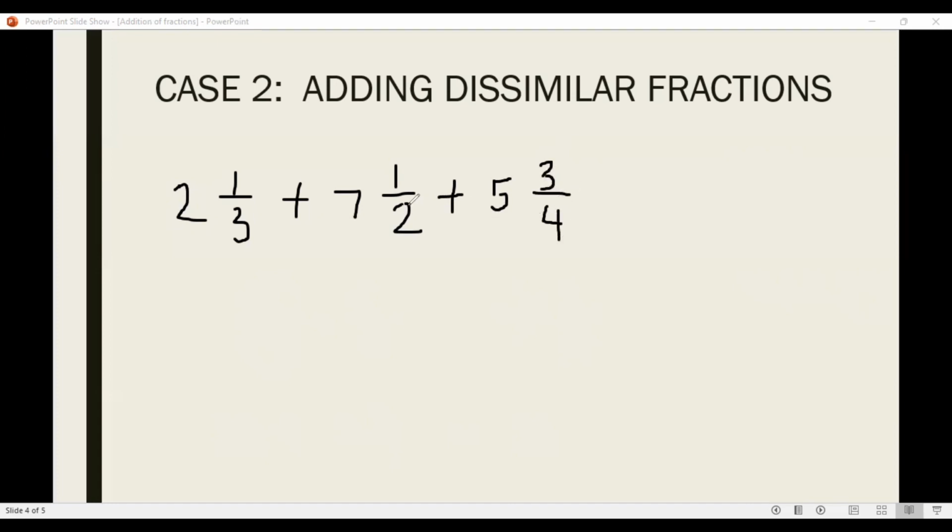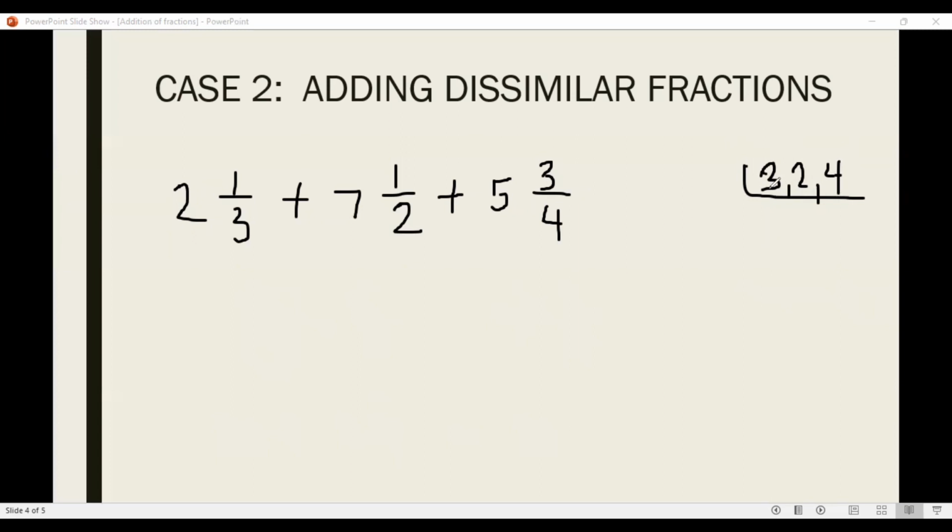Okay, as you notice, there are already 3 denominators which are involved. We have 3, 2, and 4. So don't forget that the first method is finding the least common denominator, and that is involving now the denominators 3, 2, and 4.